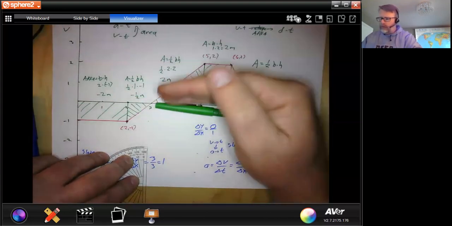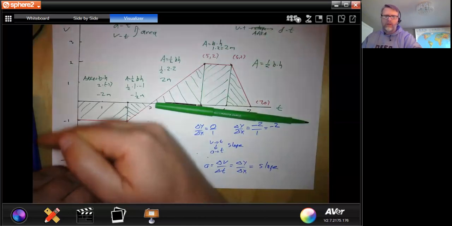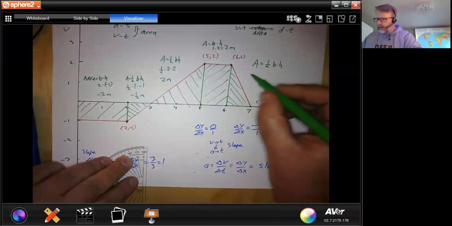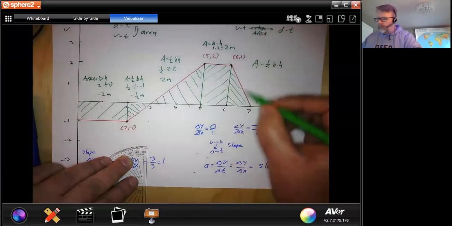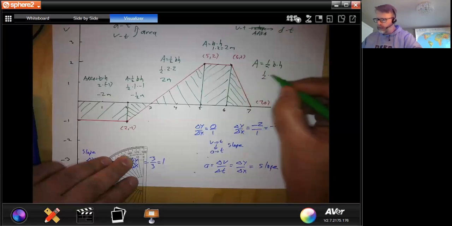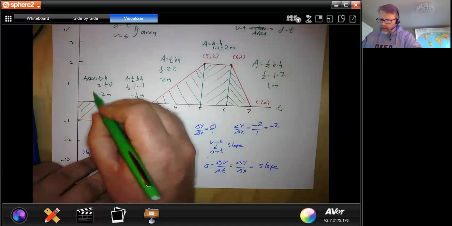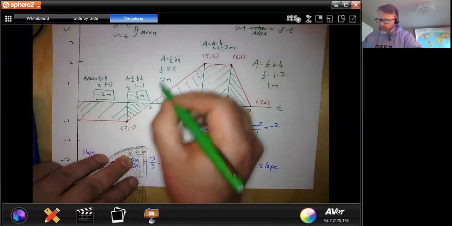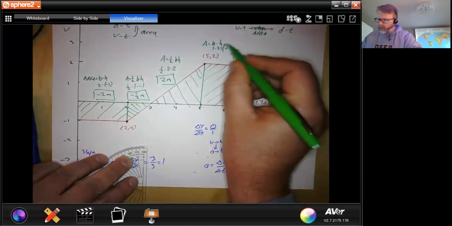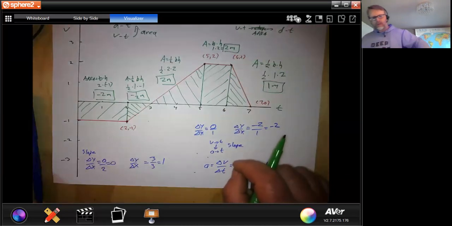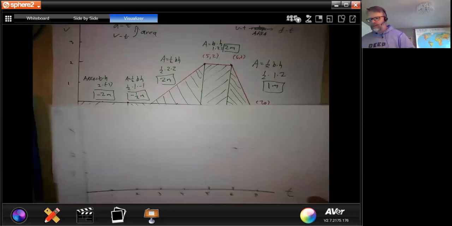Anything above here is all forward motion, anything below here is all backwards motion. This is still forward motion slowing down, so it's all positive numbers, which is the important part. Now we have a series of points that we can start doing a running total with. Those are the things that we look at as we come across our graph here.